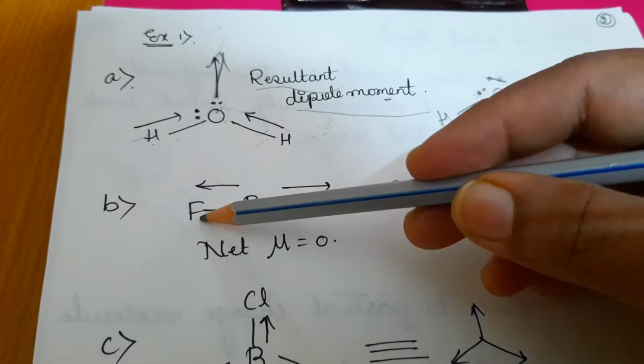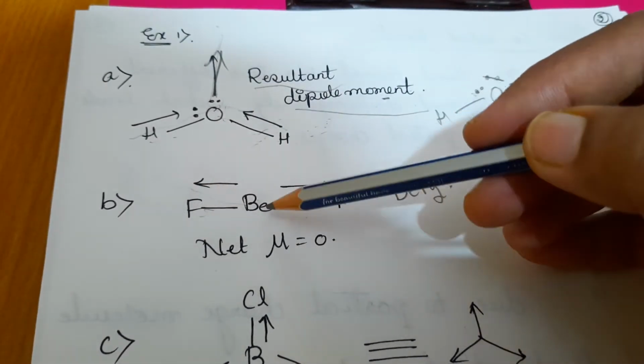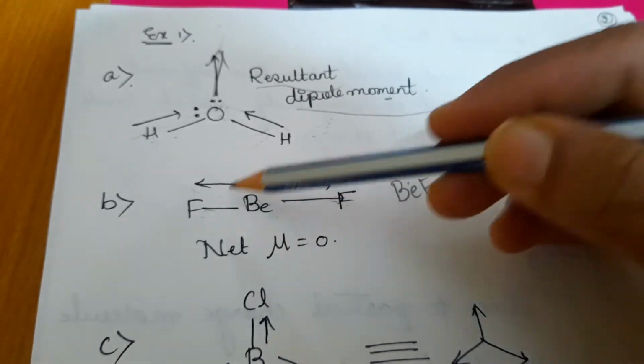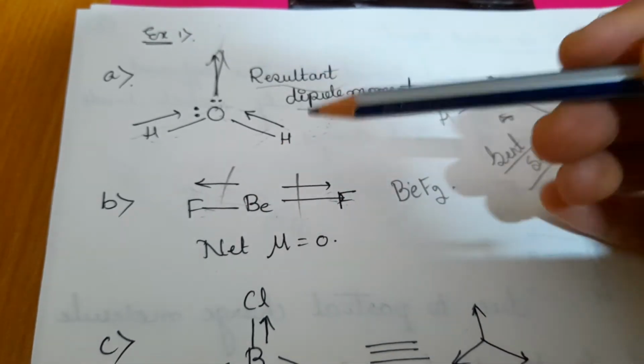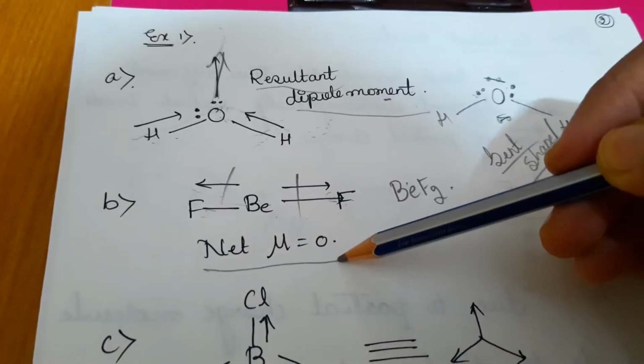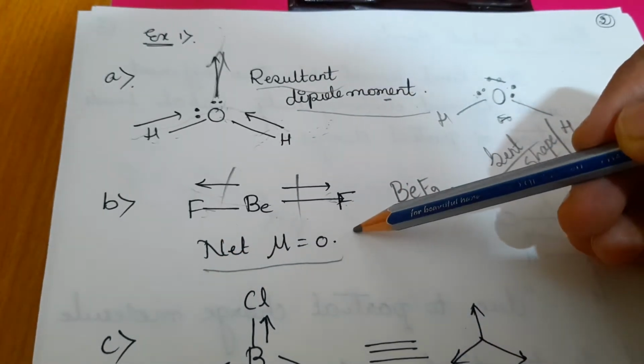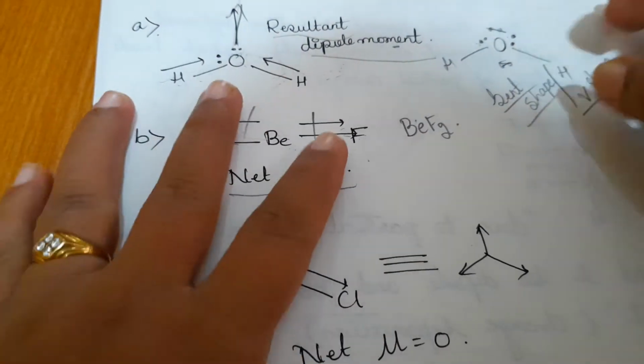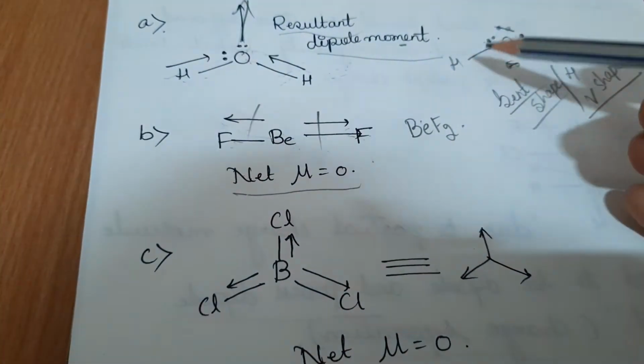Similarly, this fluorine is also taking the electrons away from the beryllium atom. Then the two charges cancel each other, and the net dipole moment of BeF2 will become 0.